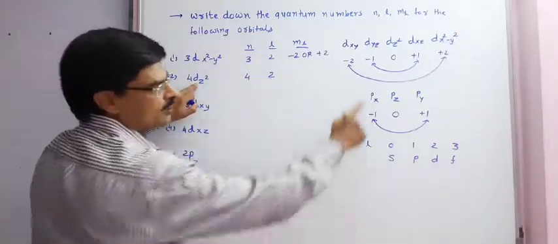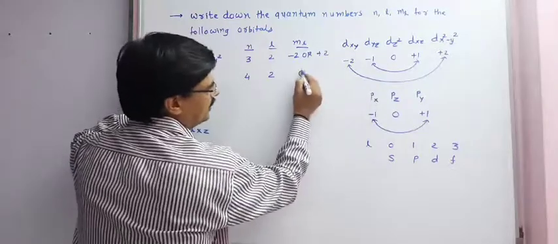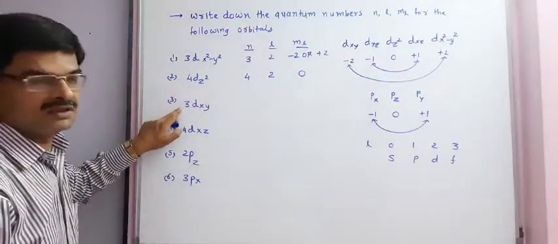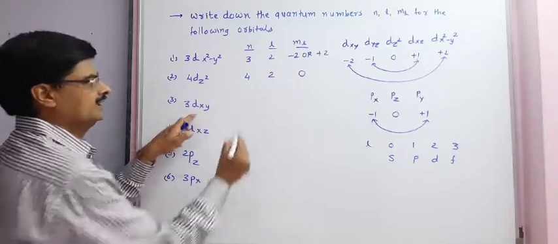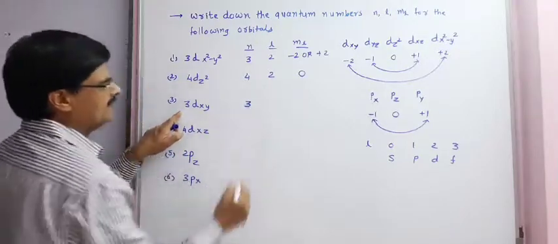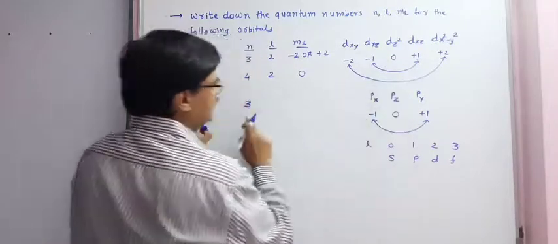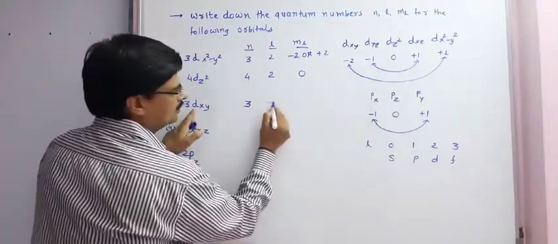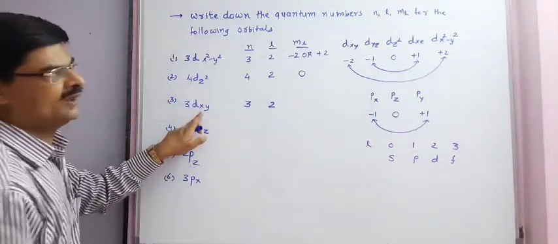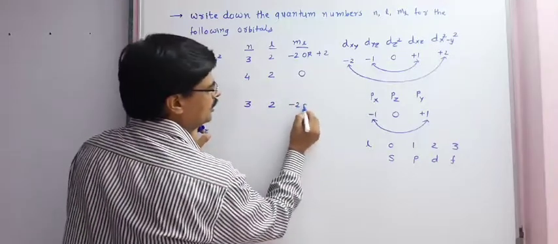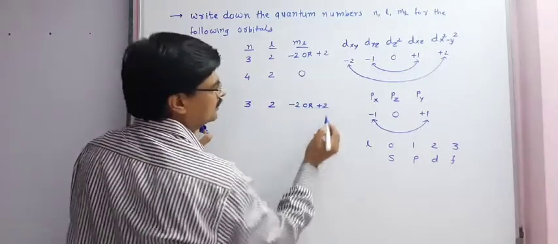And for dz square, the value of ml is 0. Now for the third orbital, 3dxy, the principal quantum number n is equal to 3. For the D subshell, L is 2. And for dxy, ml is either minus 2 or plus 2.